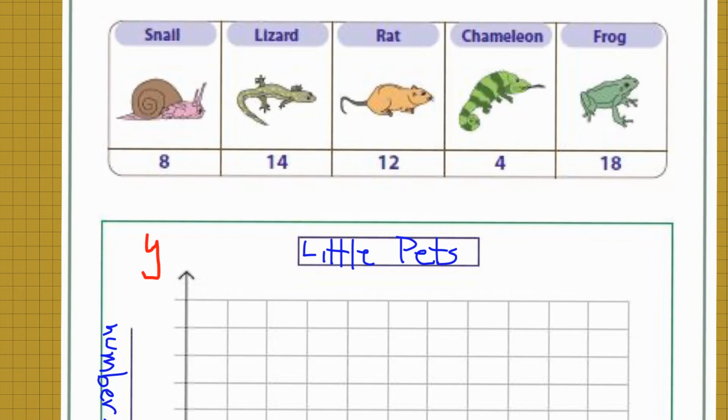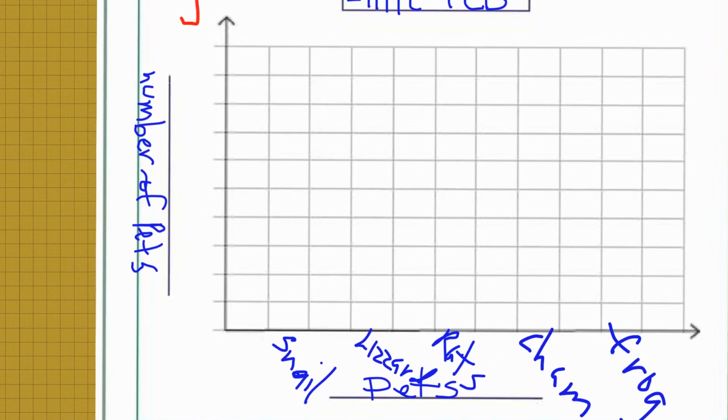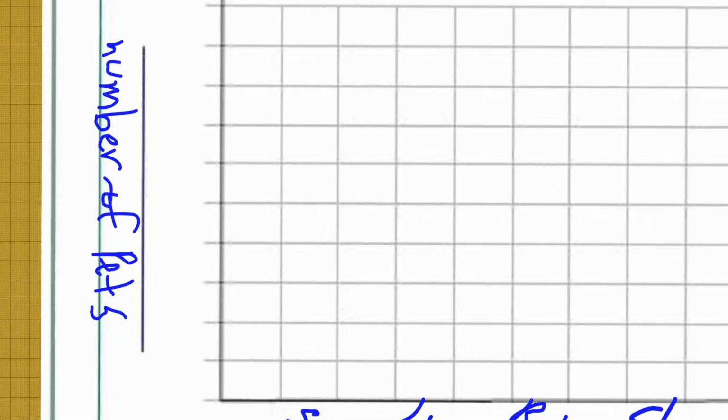So let's try that. I counted my lines and I had 10 lines here. If you count here, 1, 2, 3, 4, 5, 6, 7, 8, 9, 10. So 10 fitting into 18, it seemed like the best way to go was by twos. So that's what I'm going to do. Let me make this real big so I can write in this little space.